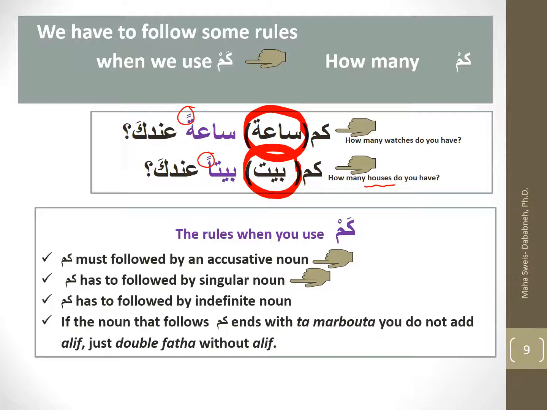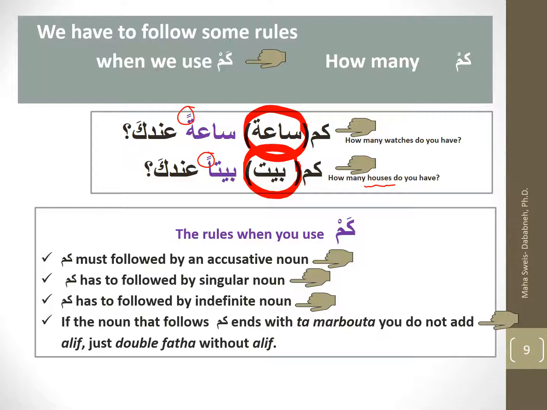So in Arabic the noun has to be singular and indefinite. There's no alif lam. كم ساعة، كم بيتا. You don't see alif lam in front of the noun that follows كم. We never say كم الساعة عندك or كم البيت عندك. So the noun is indefinite.